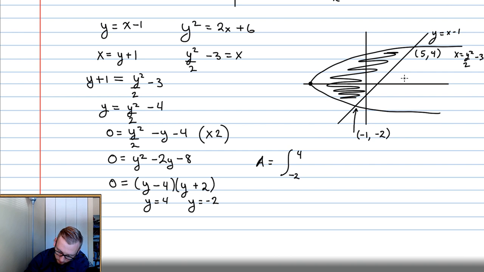So the rightmost function is this one, x equals y plus 1. So we've got y plus 1. And then we're going to subtract our leftmost function, which is y squared over 2 minus 3. And this we will integrate with respect to y.